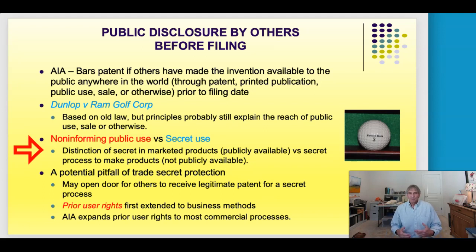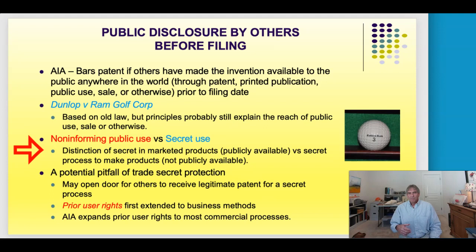In its ruling, the court distinguished Wagner's behavior from what it called a secret use, which would not be treated as a public disclosure. An example of this would be a secret process that I use within my own facilities to manufacture products that I then sell.